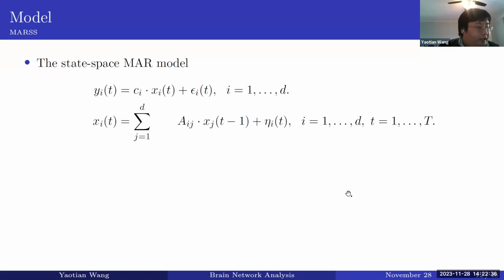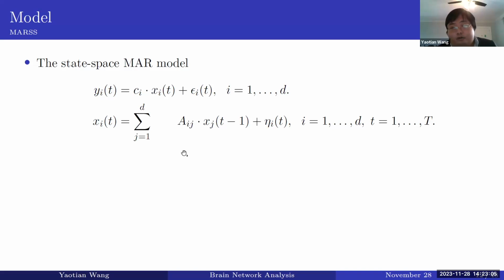One thing I want to point out is that our state space model is different from the standard state space model. This is because the number of brain regions d is usually larger than 50 and sometimes can surpass 100. If we use a standard method to estimate this high-dimensional state space model, we'll likely have large variations in the model parameter Aij estimate.